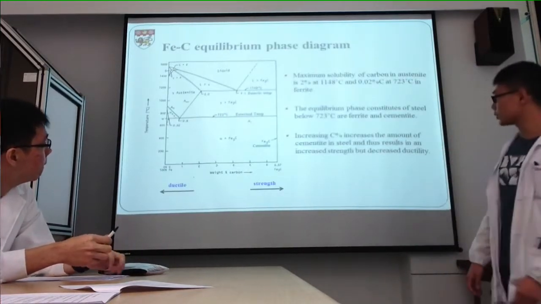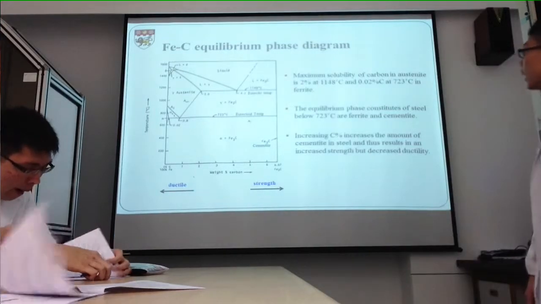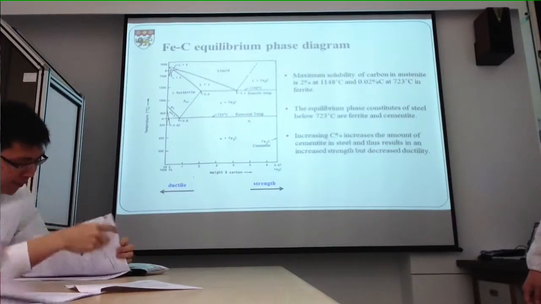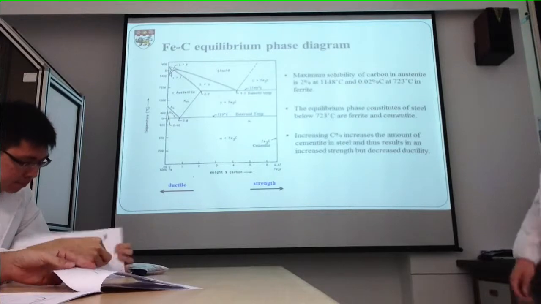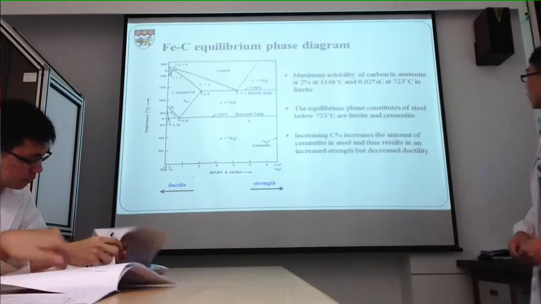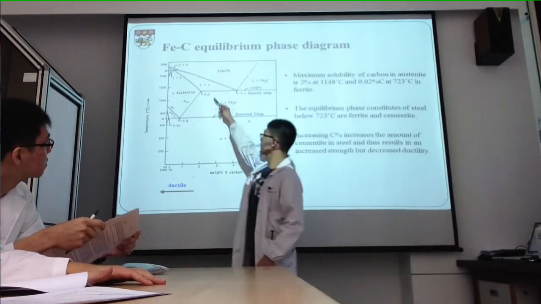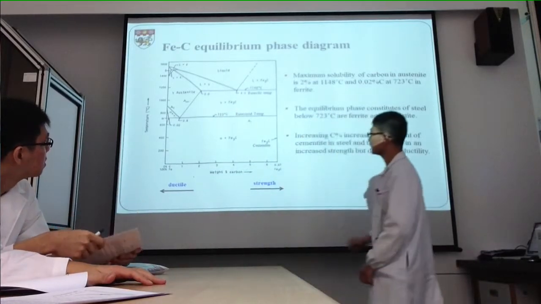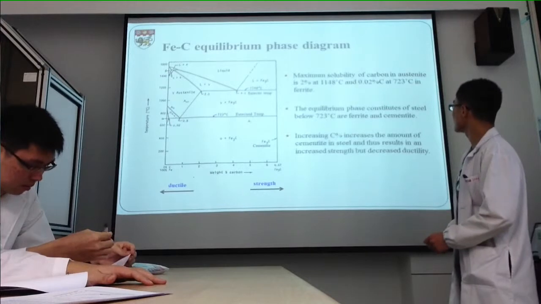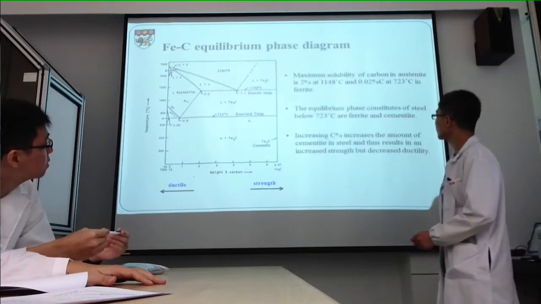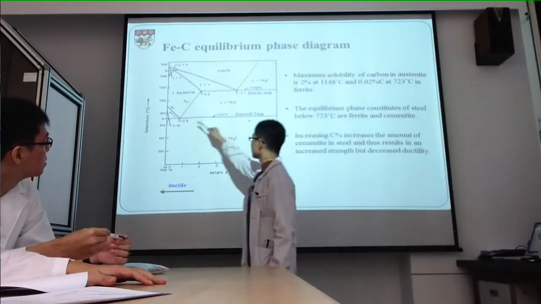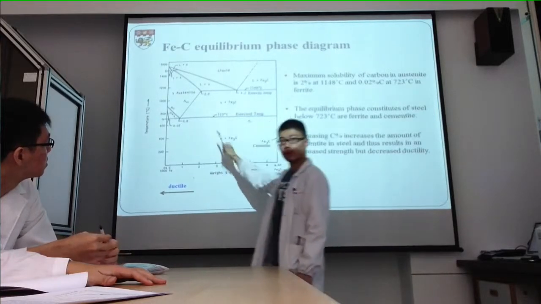So this image shows the iron-carbon phase diagram. The maximum solubility of carbon in austenite is 2% at this 1148 degree, and 0.02% carbon at this 723 degree.